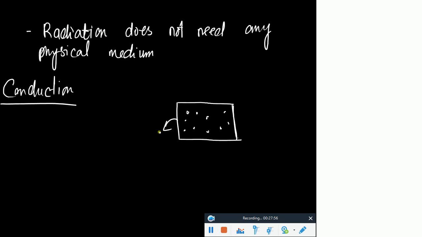If you put this side at temperature T1 and this side at temperature T2, and T1 is greater than T2, obviously energy would start flowing from here to here, right? Now the point is, how would that energy be transferred from one side to the other?